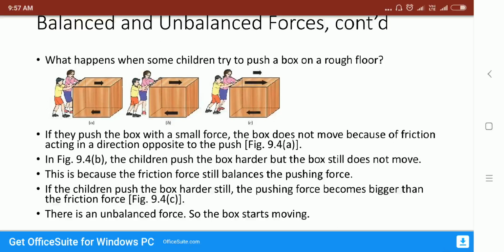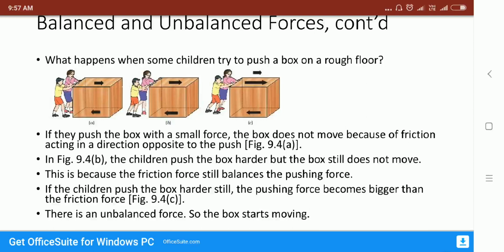So how much force must be given by the children? Minimum equal to the frictional force.